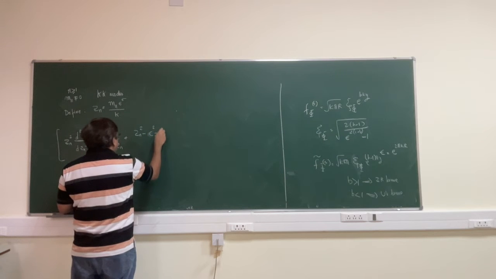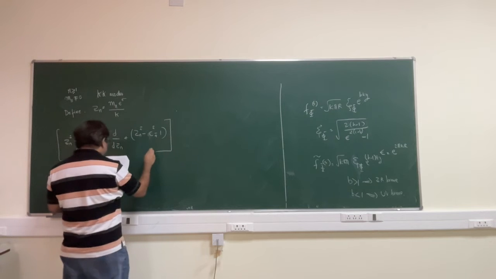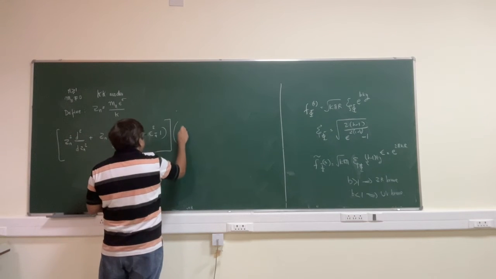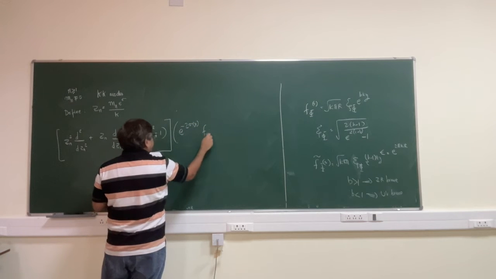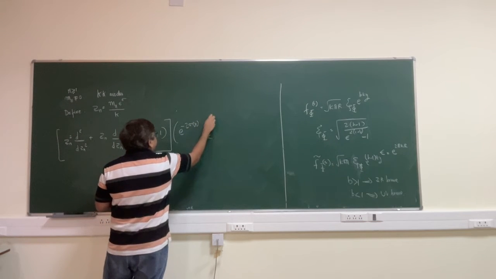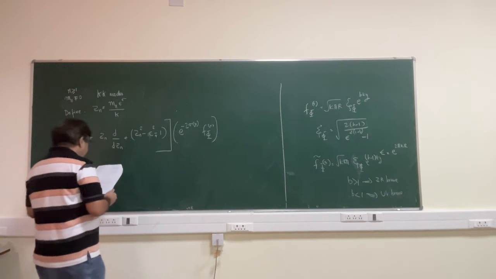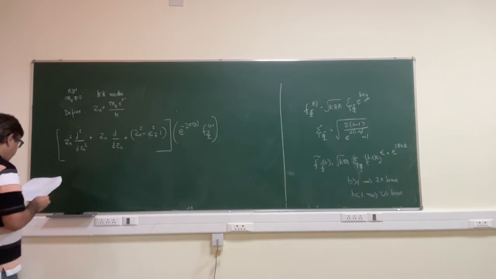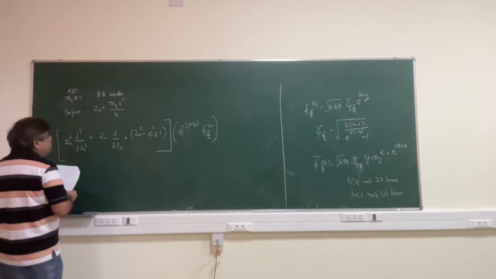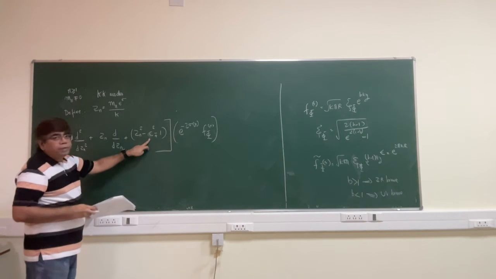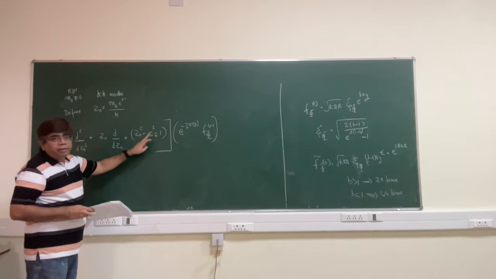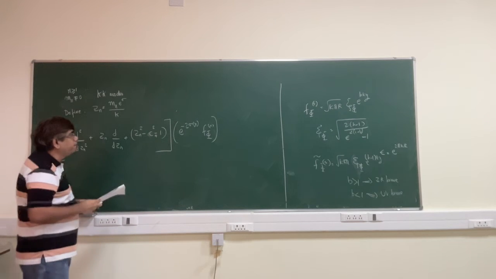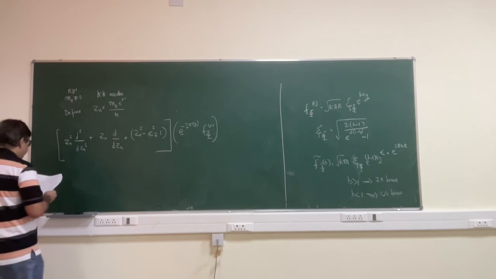I'll tell you what C is. All this operator is acting on e power minus 2 sigma of y f5 of n. So the solutions of which, C is nothing but m_n squared, which I also wrote in terms of C times k essentially.